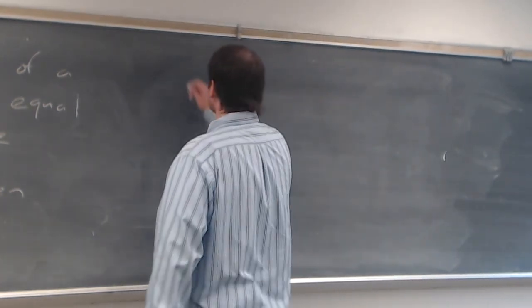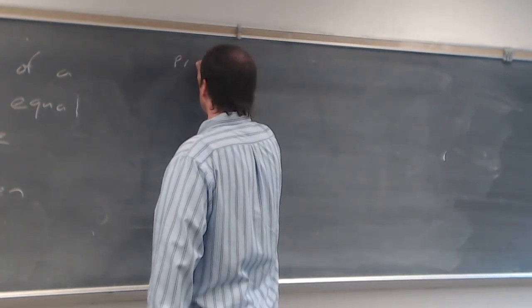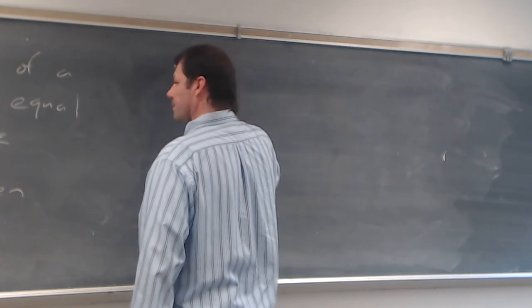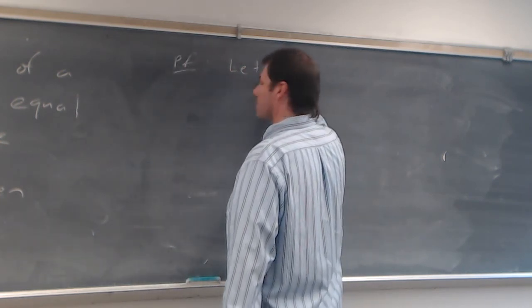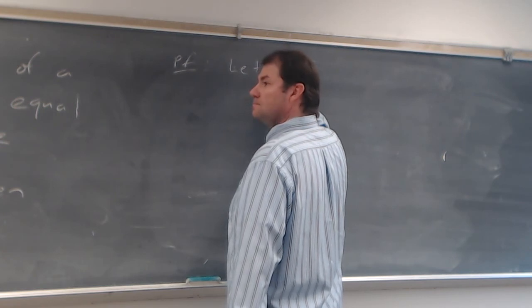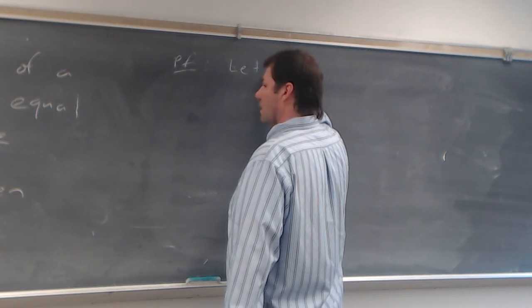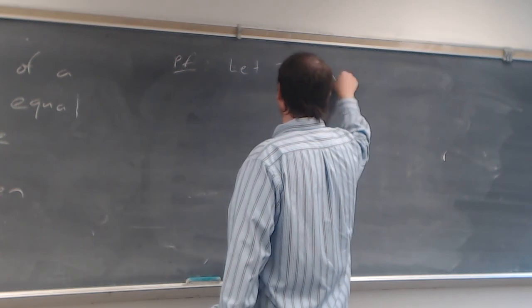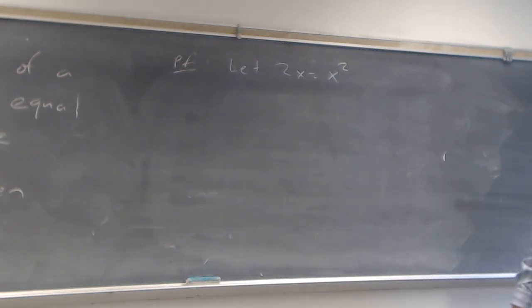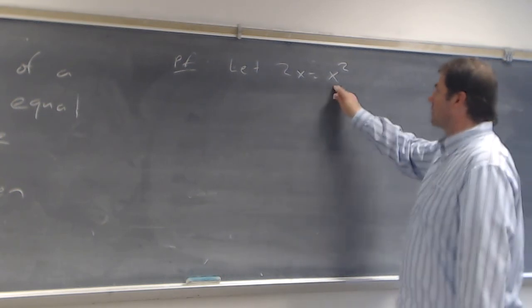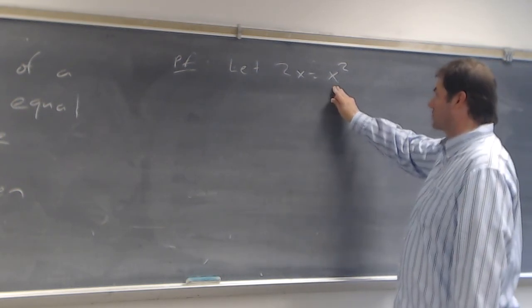Okay, well, let's go ahead and do the proof. So I'm going to say let 2x equal x squared. So I'm assuming P. I didn't write that down in my listing of how we prove such a statement, but we assume P happens so that the statement applies. So suppose that 2x is equal to x squared.